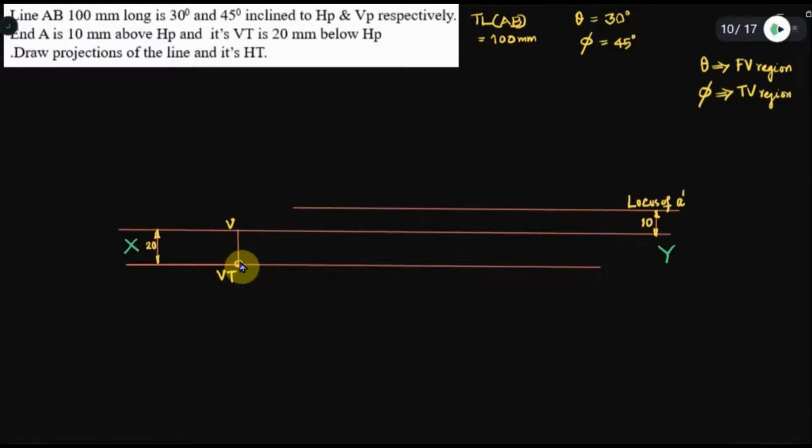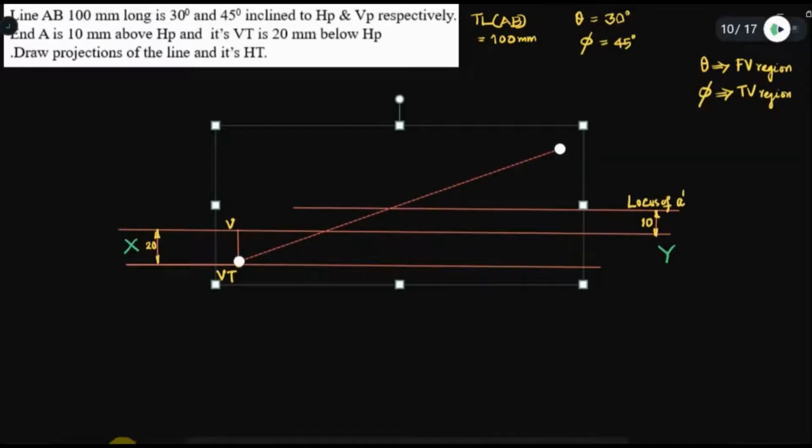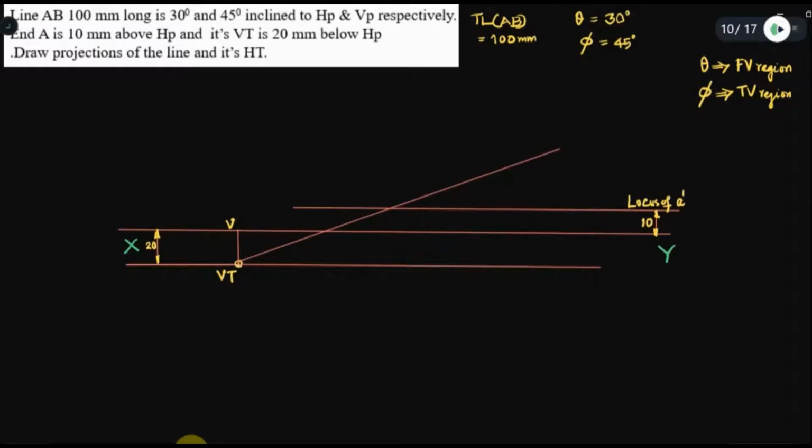We will take 30 degrees at VT. That angle is theta. This is a true length line, not an apparent length line, so you cannot directly get A dash from there. So this is the true length line.